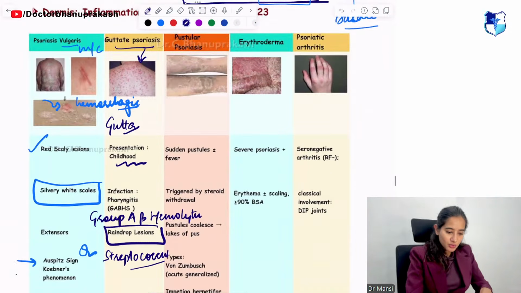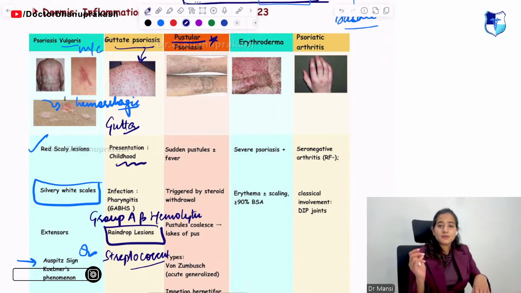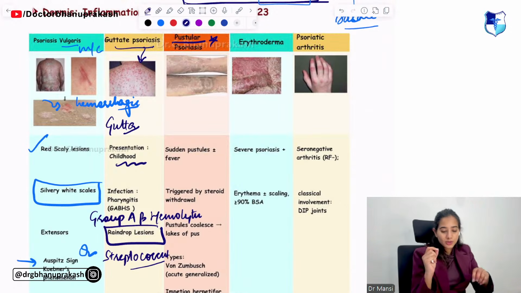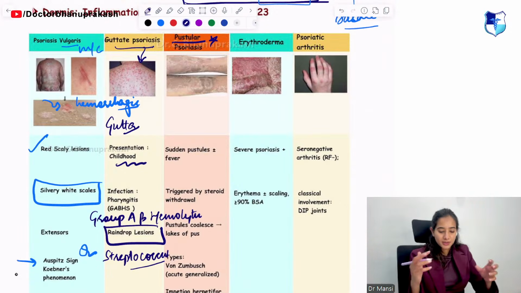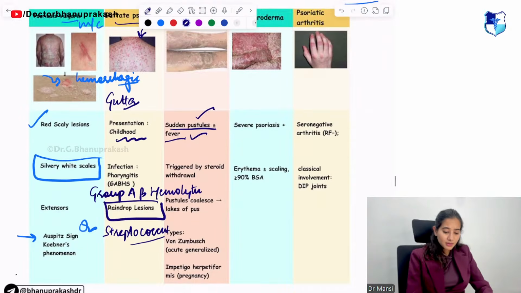Then you have pustular psoriasis. Whenever the word pustule comes, there will be some yellow, pus-like thing. Sudden pustules are there, and when there is pus, you can also see fever. This is triggered by steroid withdrawal.